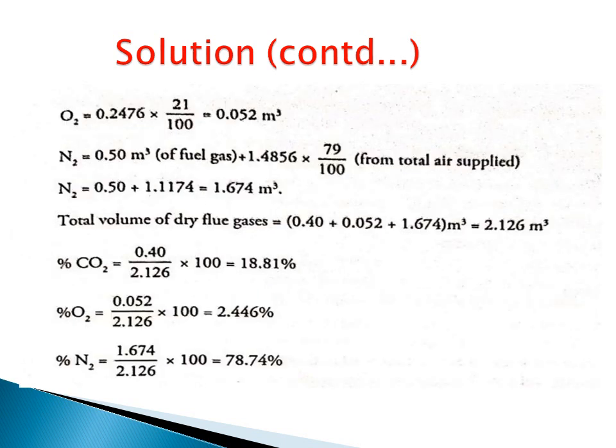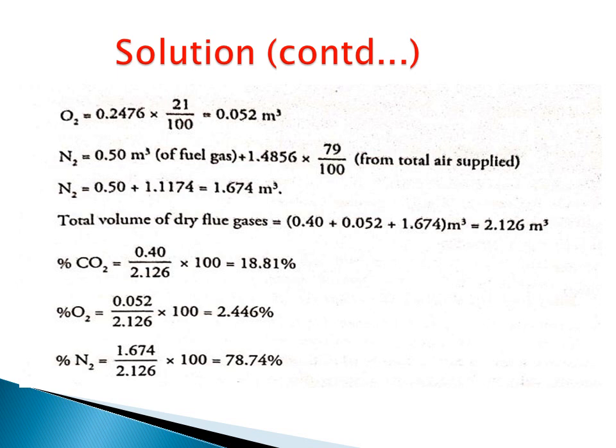Now see, how much was the excess air? It was 0.2476. So 21% of that is oxygen. So we multiply into 21 by 100, that is 0.052 meter cube of oxygen will come out in the flue gas. Now how much nitrogen is there? Nitrogen is nitrogen in fuel gas plus nitrogen from total air.